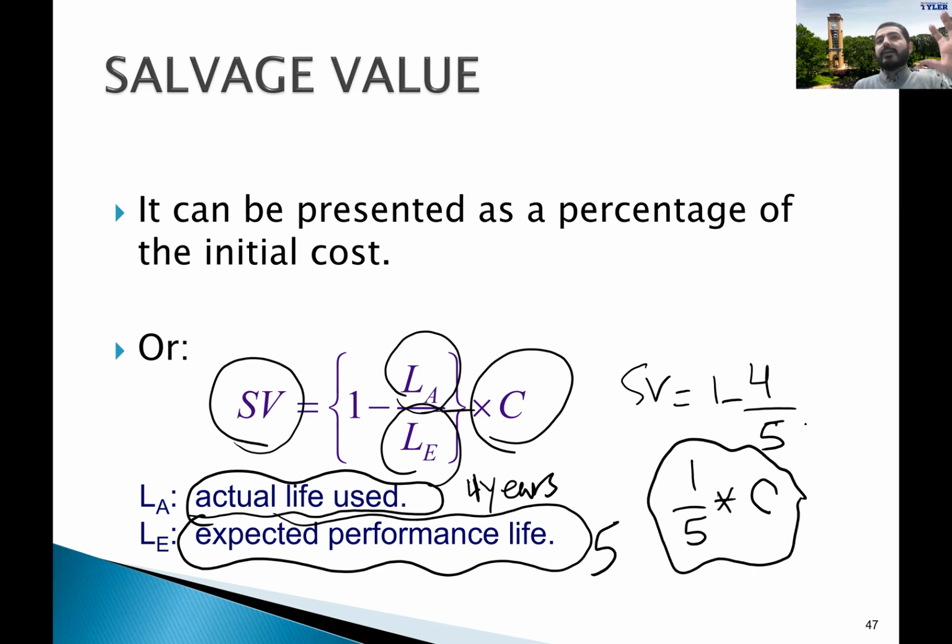What was the cost of that overlay? Remember when I said the third one was, let's say, a 2-inch overlay. I know the cost of it, and now if I only have 1 year left, that means the salvage value for this material is 1/5 of the initial cost of this overlay. That's basically how we simply calculate the salvage value.